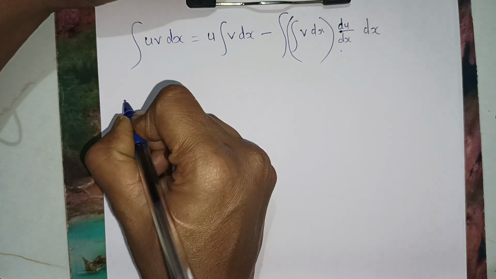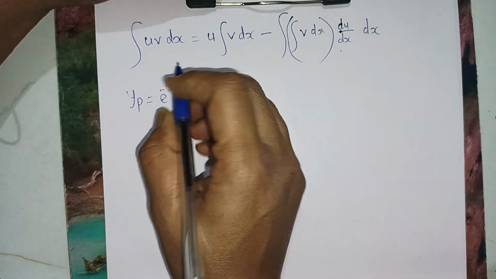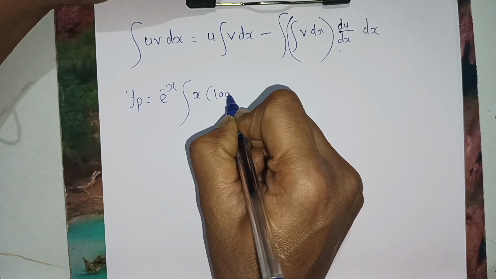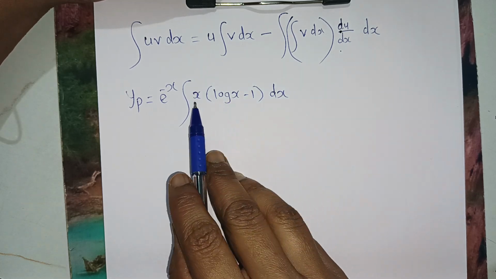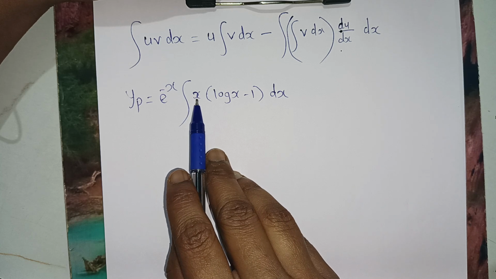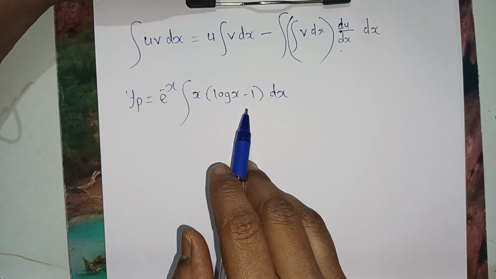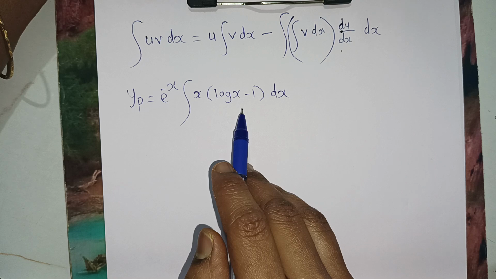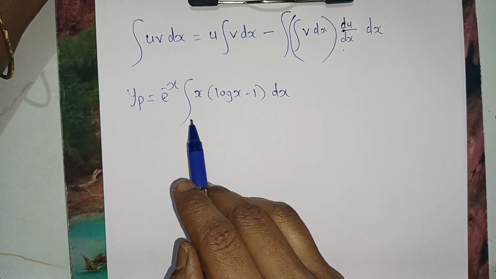So the integration of yp is equal to e raised to minus x, integration of x times log x minus 1 dx. Now x is easy to integrate, but log x minus 1 is not easy to integrate, because we have just seen that log x is difficult to integrate while finding the first integration in the same problem.